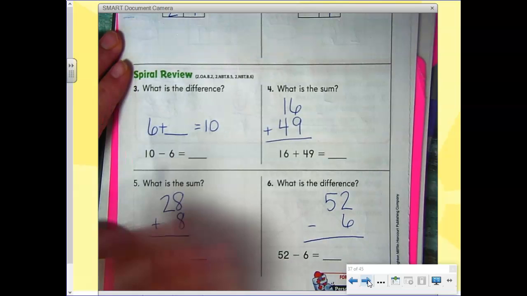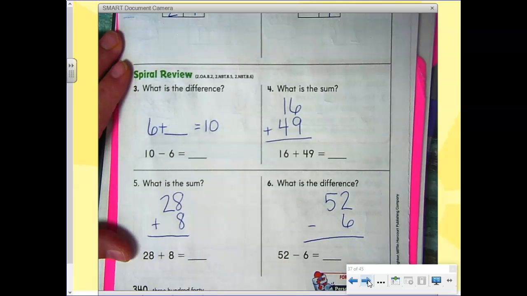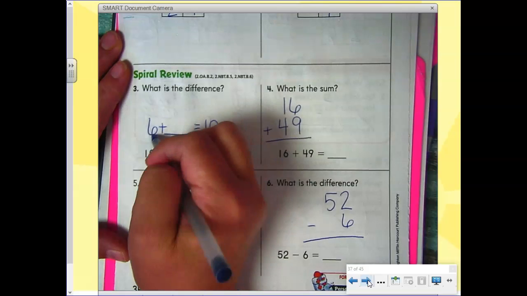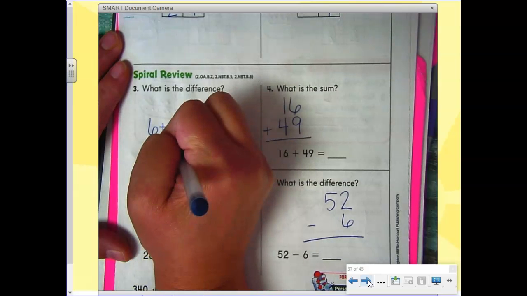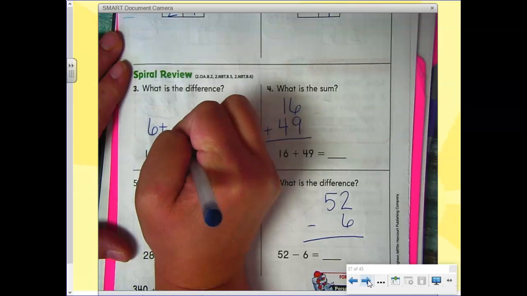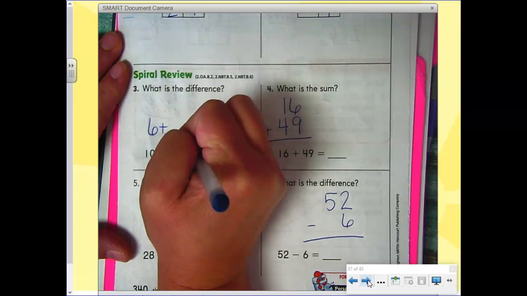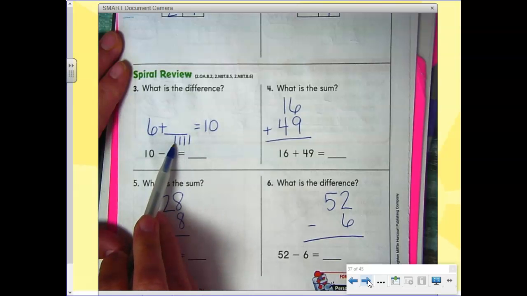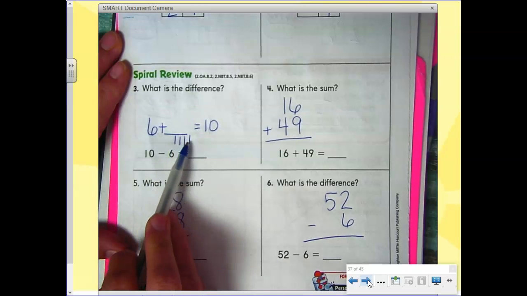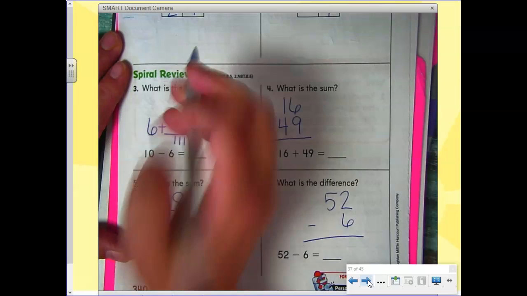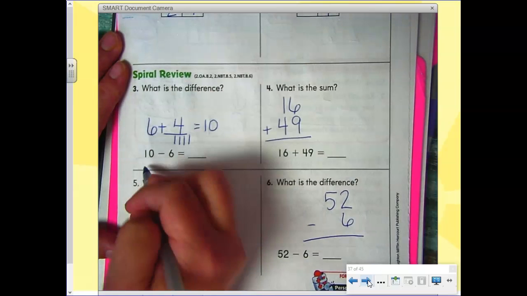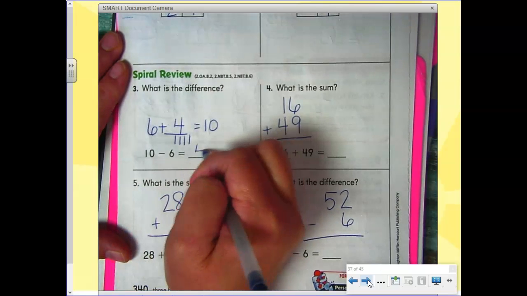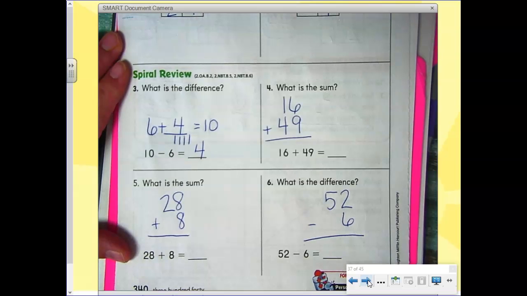Let's count on until we get to 10 and we'll figure out the missing number. 6, 7, 8, 9, 10. What's my missing number? 1, 2, 3, 4. So 10 minus 6 equals 4.